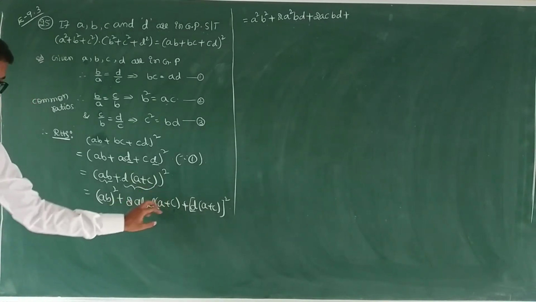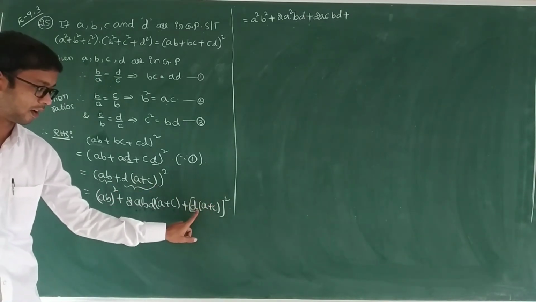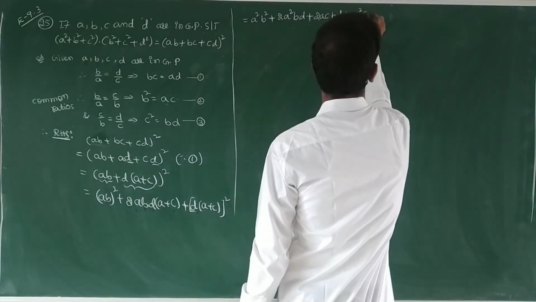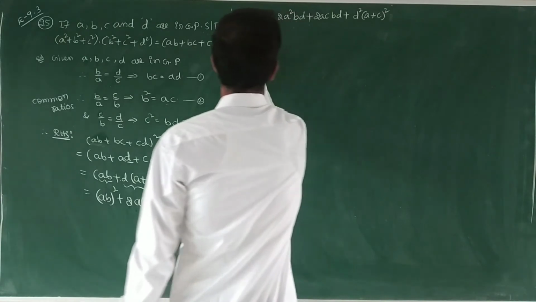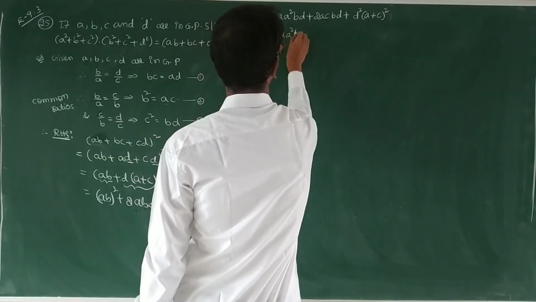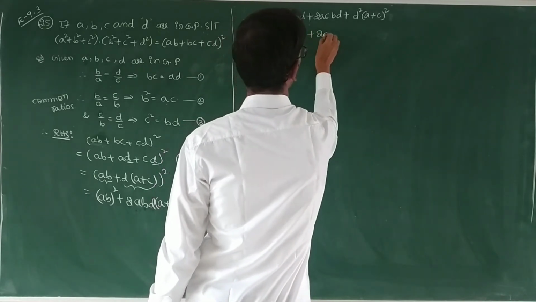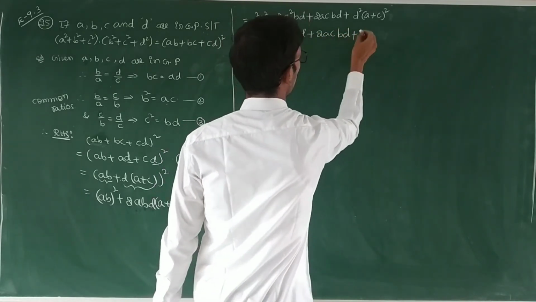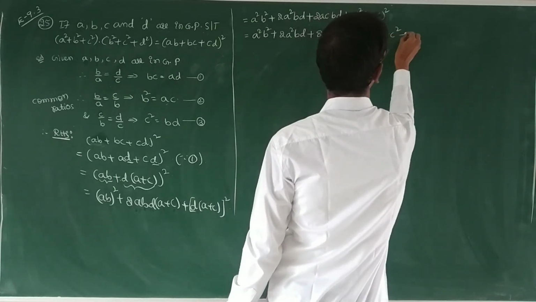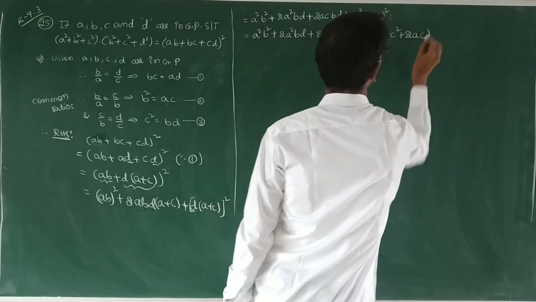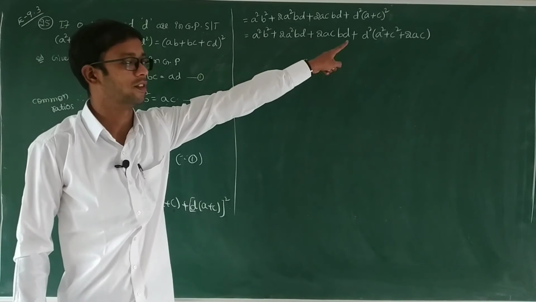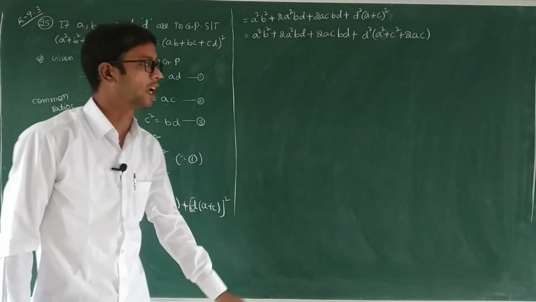Next, this one is completed. This whole square: how will we simplify? D square into A plus C whole square. Now I will simplify this: 2A square BD plus 2AC BD plus D square into A square plus C square plus 2AC. The A plus C whole square formula, A square plus 2AC plus C square, also we can write, no problem.